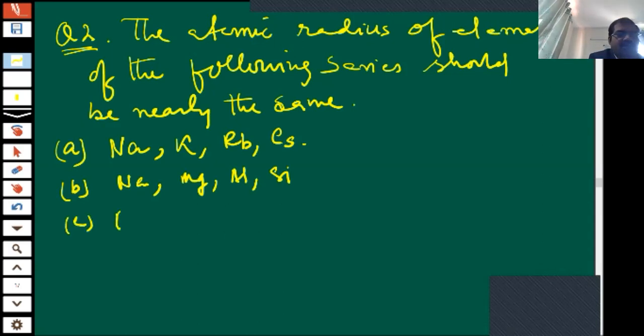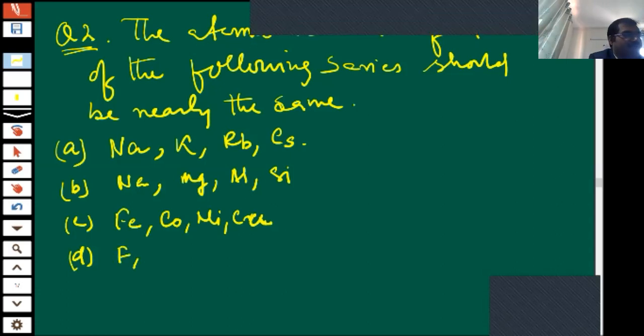Option C, iron, cobalt, nickel, and copper. And option D, fluorine, chlorine, bromine, and iodine.